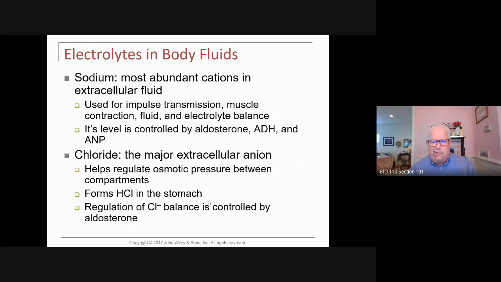Its level is controlled by the three A's: aldosterone, ADH, and ANP. And there's a fourth one, angiotensin 2. Chloride, the major extracellular anion. You need chloride to form hydrochloric acid in your stomach. Very important.